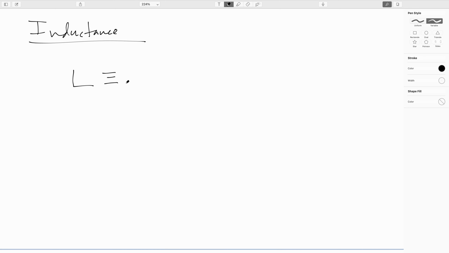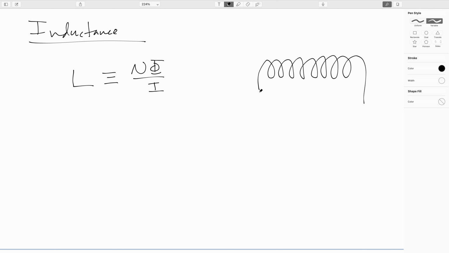We're going to define it as what's called the flux linkage over the current. So keep in mind here, an inductor is just a giant loop of wire. And as we run a current through it, we are going to have a magnetic field going through it.